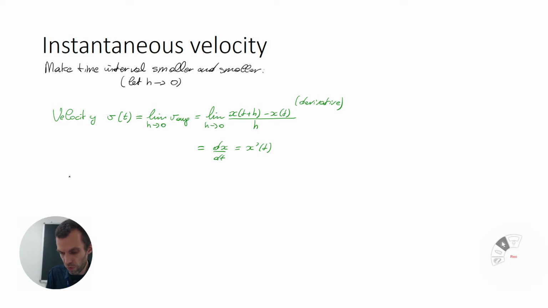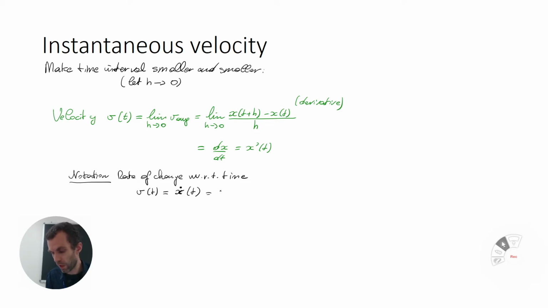There's also a special notation for the rate of change with respect to time. There we use the following notation. We say that v of t is x dot of t.